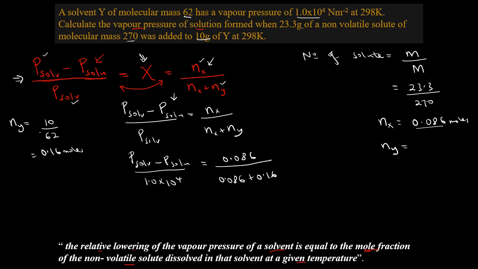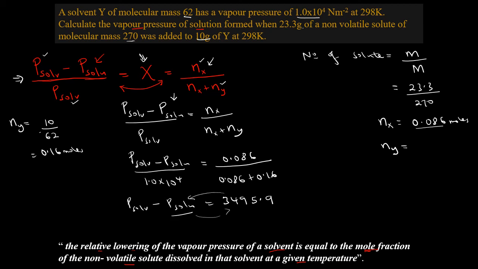Then 0.086 divided by the answer, and then times 10 to the power 4. So we know that P solvent minus P solution is equal to, on simplifying, 3495.9.